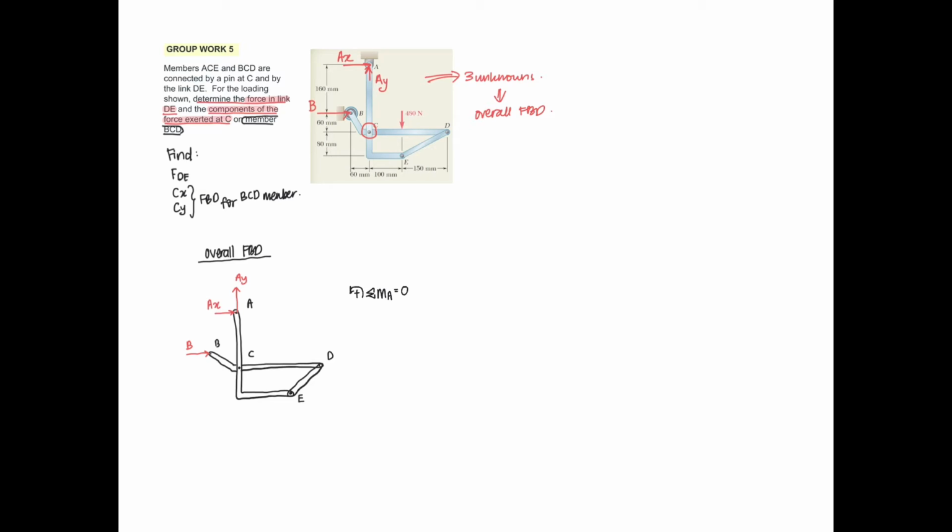So we have a moment force B counterclockwise, so it is positive B times the distance from B to A is 0.16 meter. And not to forget, we also have here 480 Newton. It is clockwise, so negative 480 times the distance is 0.1 meter equal to 0. So we can find the value of B equal to 300.